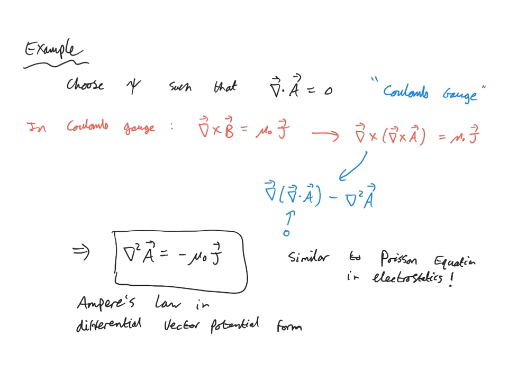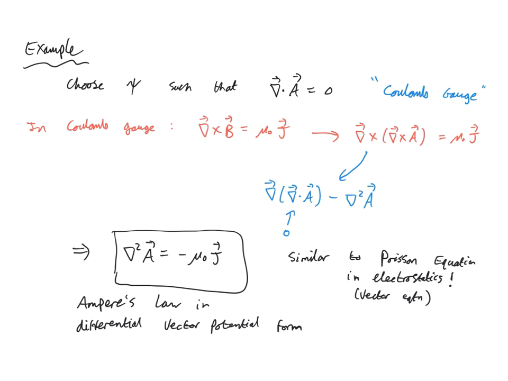So in electrostatics, we had one scalar equation. However, in magnetostatics, we have three scalar equations, or one vector equation. So it's like three Poisson equations, if you like, for the magnetic side. The magnetic side is a bit more difficult, as you can see. So you just have to remember that this is like the Poisson equation in electrostatics, but it's a vector equation rather than just a scalar equation. So there's not quite a free lunch, if you like.